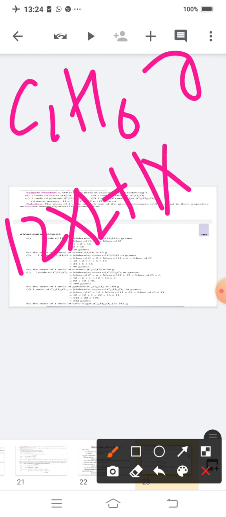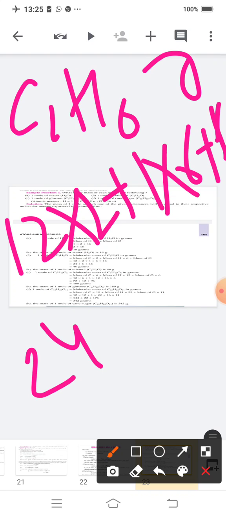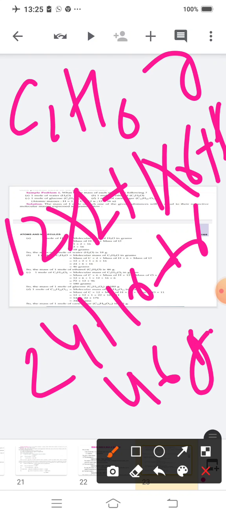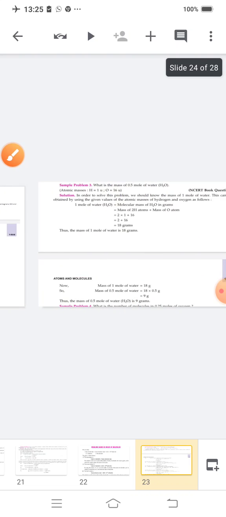C2H6O: 12 into 2 plus 1 into 6 plus 16. 24 plus 6 plus 16. Answer will be 46 gram. Clear? Like this you have to find all the molecular masses.